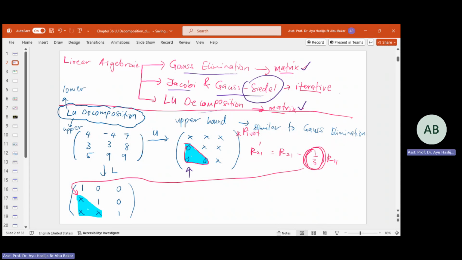Then for the L, the lower matrix, this is the standard format. Then this X is the value that you get from the U. Meaning that if you want to zero this one, you need to find the factor. So this factor, for example, is to zero this R prime 2, 1. This factor is the one that you will input over here.